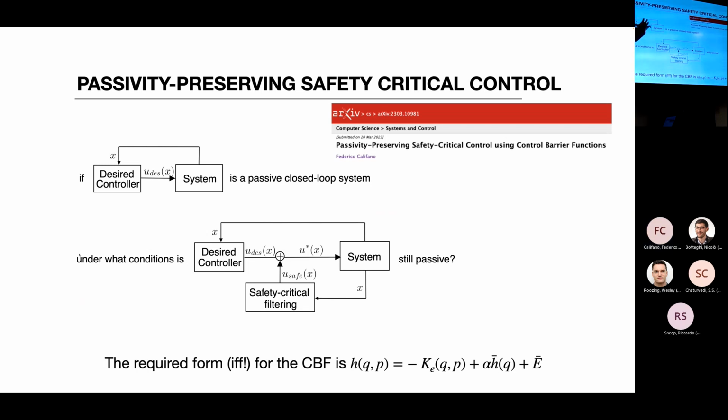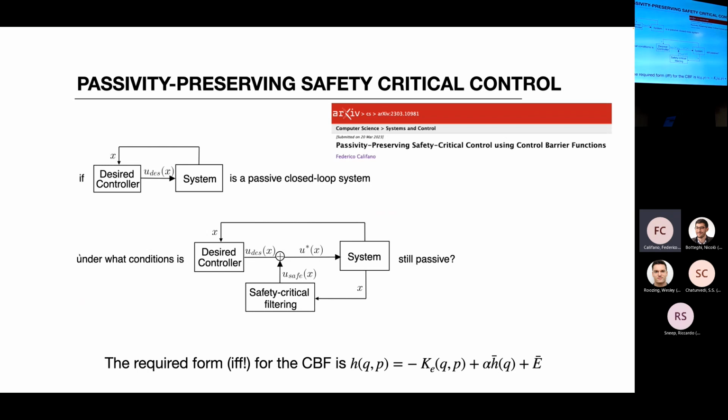So if, say, the desired control system gives rise to a passive closed loop system, which roughly speaking means that I can interpret it as a controller which acts in an energetically bounded way, for example, by means of dampers and springs and so on, under what conditions does a safety critical filtering maintain the passivity of the system with the same storage function?